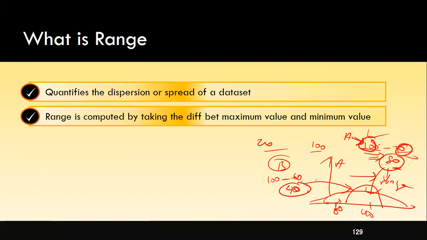The distance between these two is too wide. Let's think 20 is the outlier. If you subtract 20 from this one, you get 80 here. Whereas in this data set, most values are somewhat closer to your mean, so the spread is just 40 only.